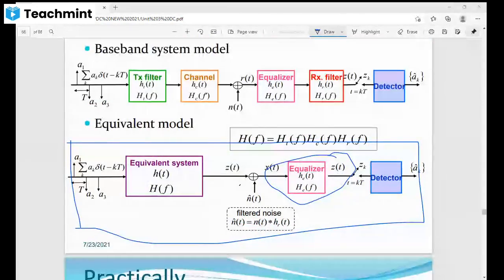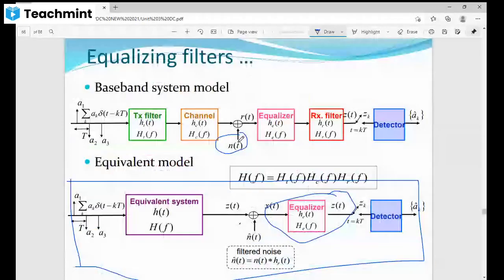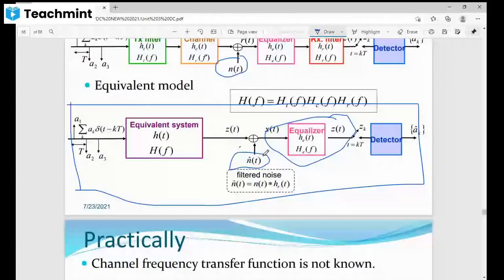The noise and interference which are denoted in this figure are likely to occur during the transmission.